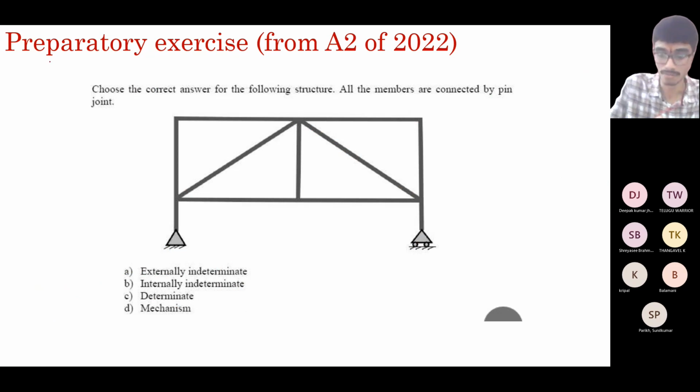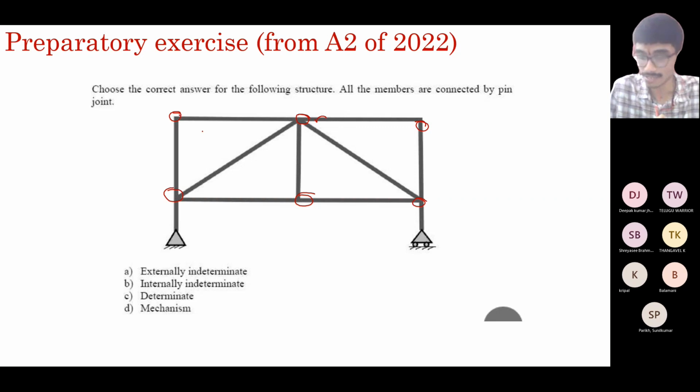Now getting to this problem. All members are connected by pins. So you see this is a pin joint, this is a pin joint, this is a pin joint, this is a pin joint, this is pinned. So this panel alone, as such, looks like it is stable. But here, if you see, this is pinned and this is also pinned.